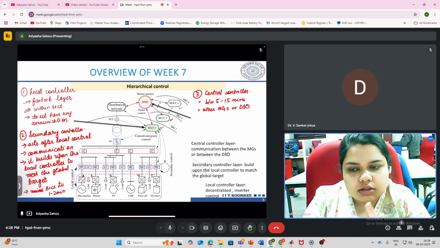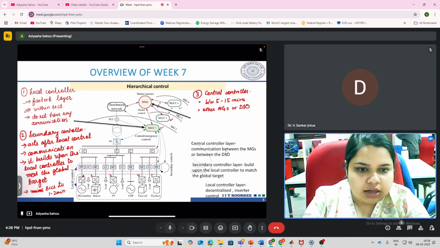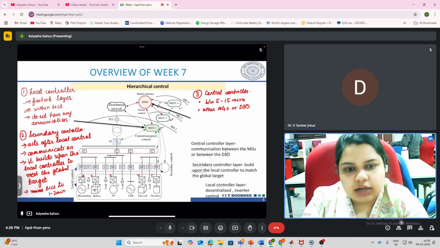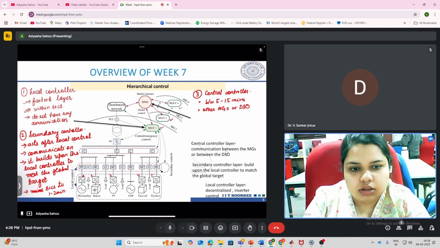If the local control can bring the voltage and frequency within the limit, then you do not need the secondary control action. But if the local control action is not enough to manage the fluctuations, then the secondary control layer will act upon the local control and try to bring the attributes within the limits, within the 5 minute block.